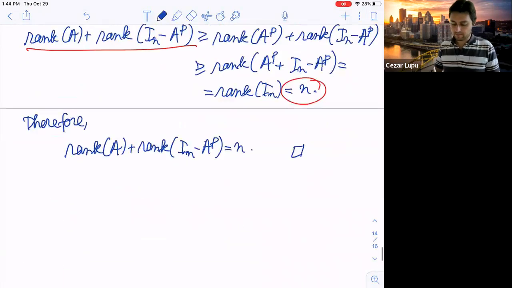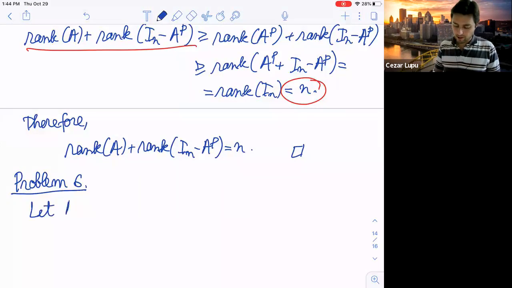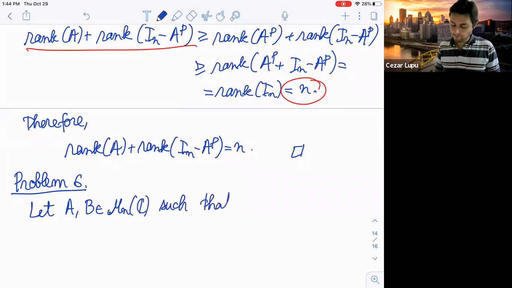So problem number 6 says the following. Let A, B be two n-by-n matrices such that we have this condition: A squared plus B squared is 2 times AB.